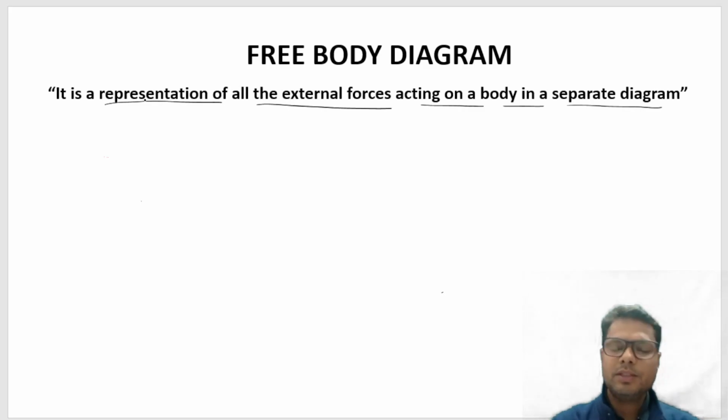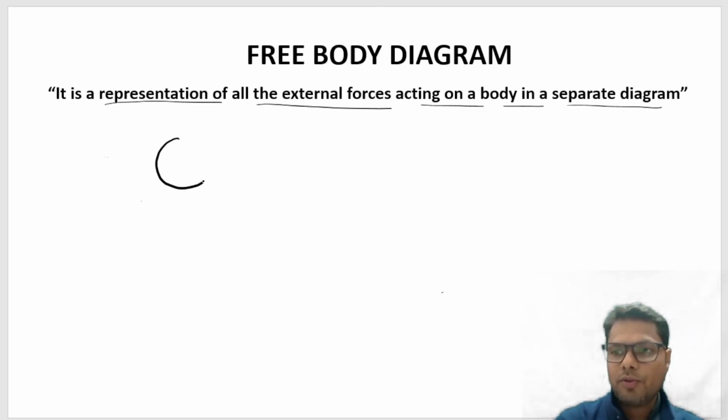See, in many problems, you will be provided with a situation, and according to the situation, you have to think of the possible forces acting on the body and draw a diagram and show the possible forces on it. So this diagram in which we show all the possible forces acting on a body is called free body diagram. Let's start with a very simple example.